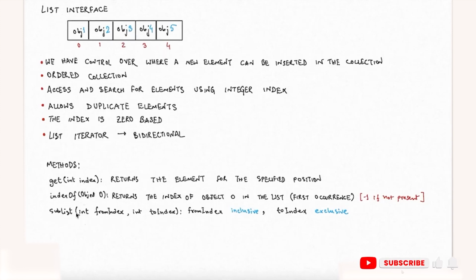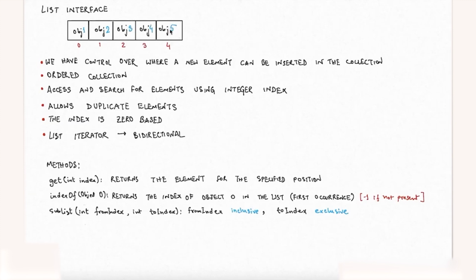What the subList method does is it returns these elements, but it includes the fromIndex, which means object 3 would be included because we're starting at index 2. But we're ending at index 4, and index 4 is our toIndex. The toIndex is excluded, which means that if we type subList 2, 4, then object 3 would be returned and object 4 would be returned as a list.